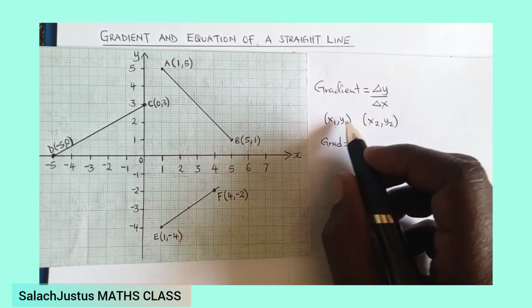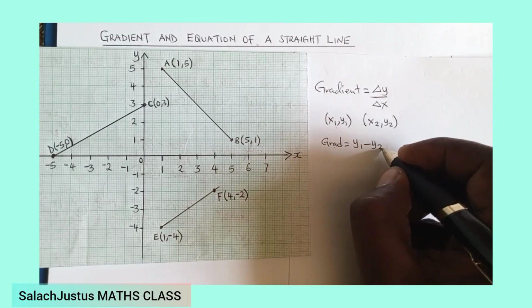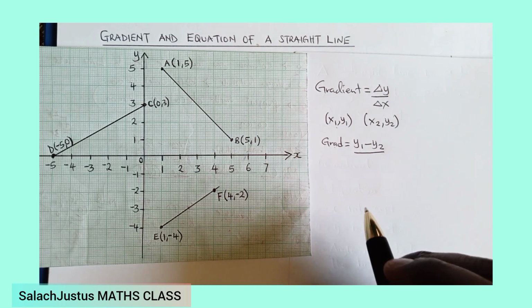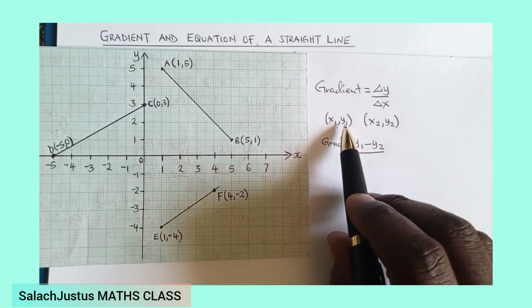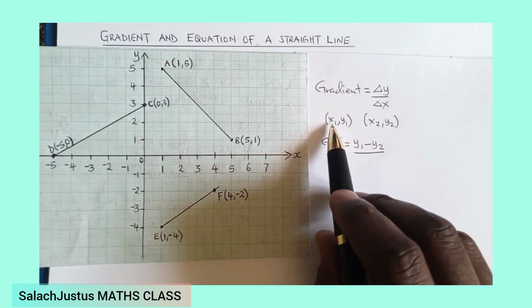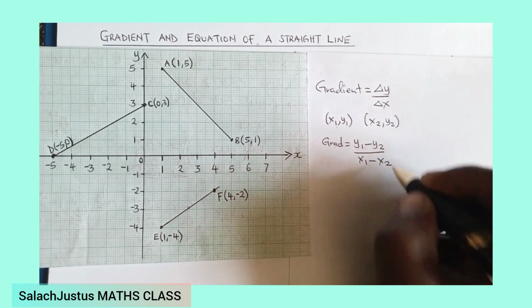So change in y, you can say y1 minus y2 in general. That is the change in y, divided by change in x. Let's remember we began with y1 minus y2. Then for the denominator, we must also begin with x1 minus x2.